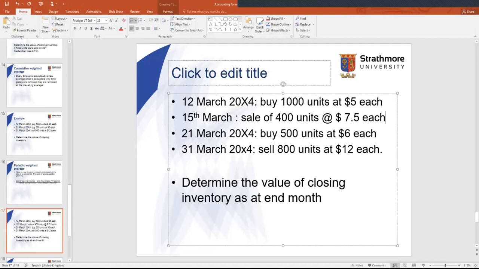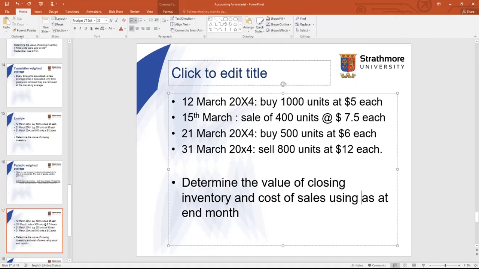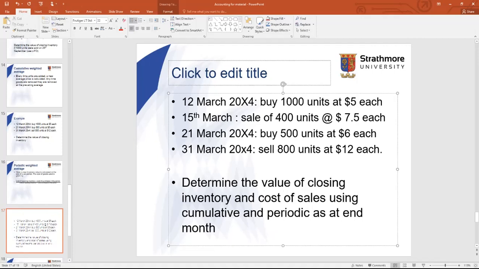Tell me the value of closing inventory and cost of sales using cumulative average and periodic weighted average.